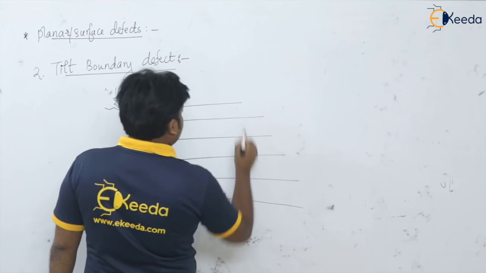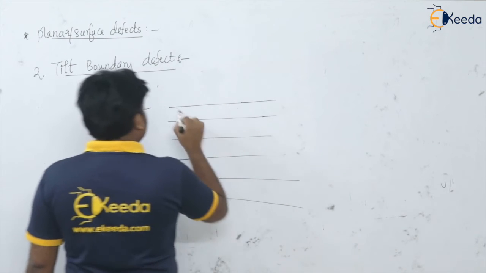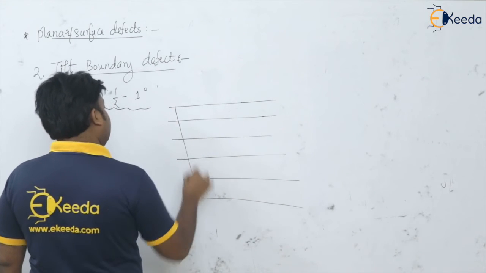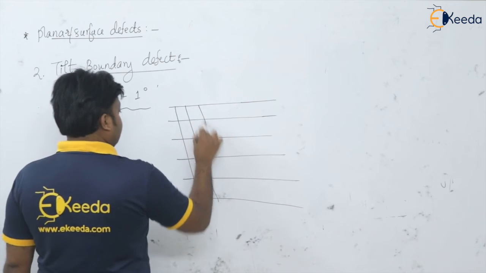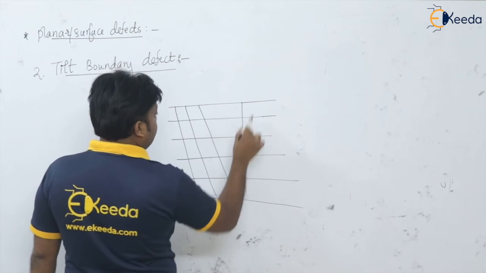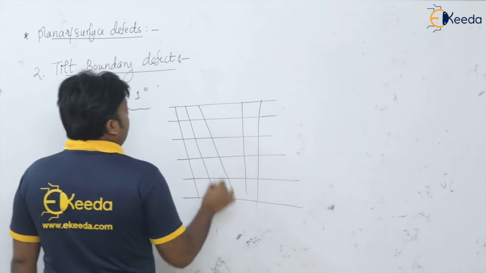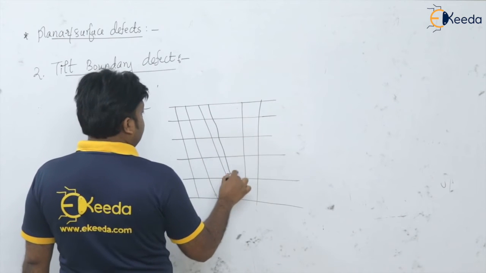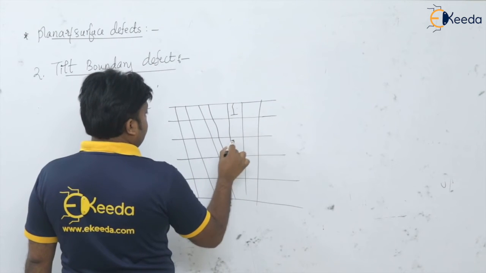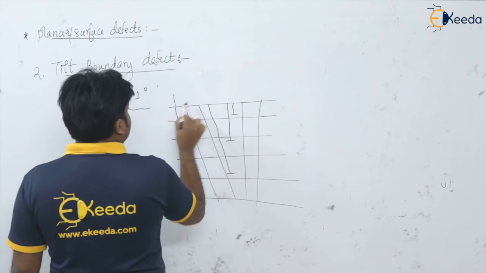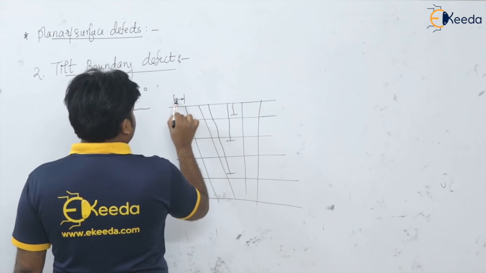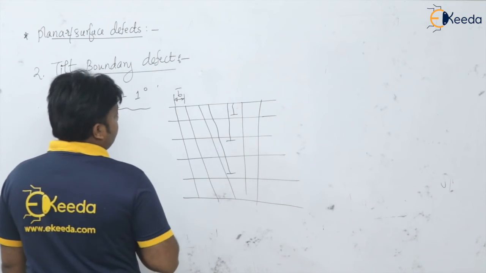See here. You can see this is the crystallographic planes having some tilt, right? And if you have this dislocation here, then if this is our Burgers vector B, isn't it?